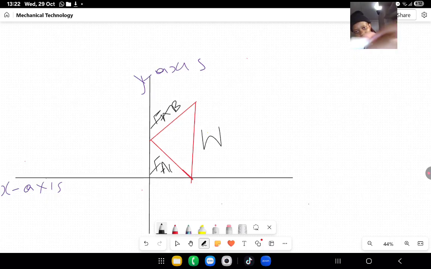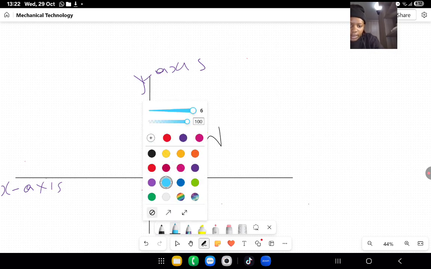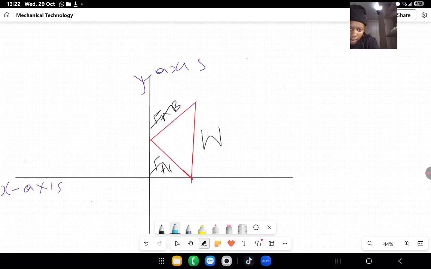Then we also have the angles that we got. This angle and this angle are equal to theta, so our theta here is 36.87 degrees.